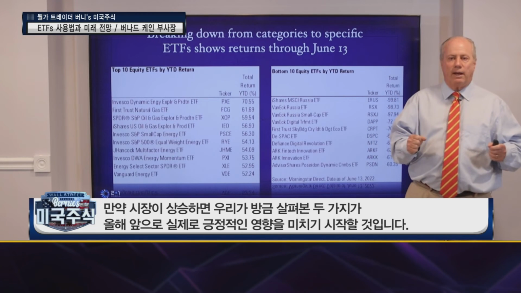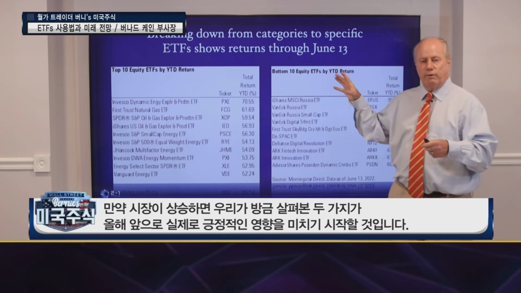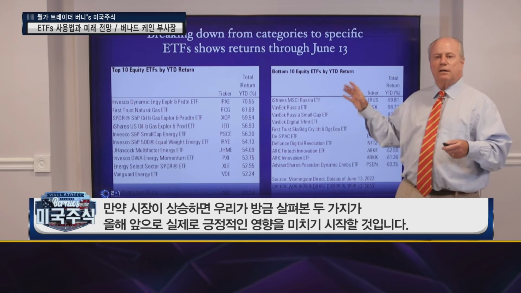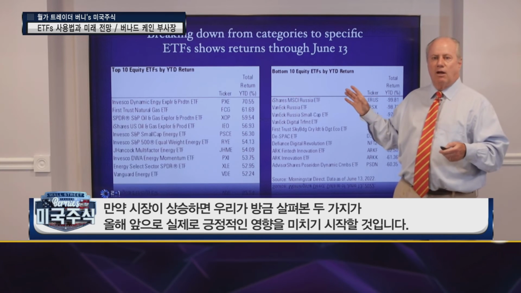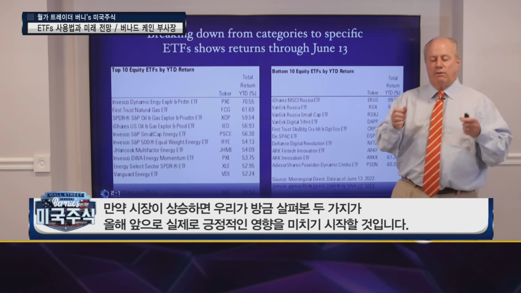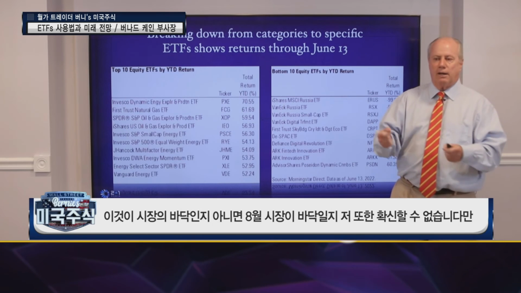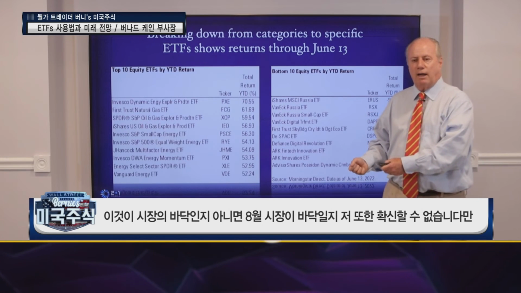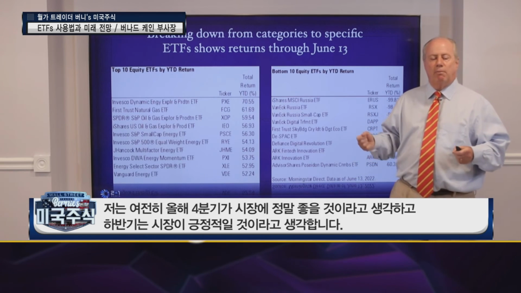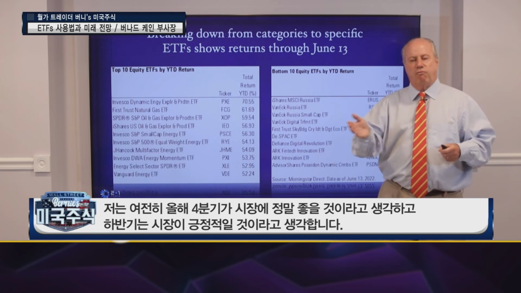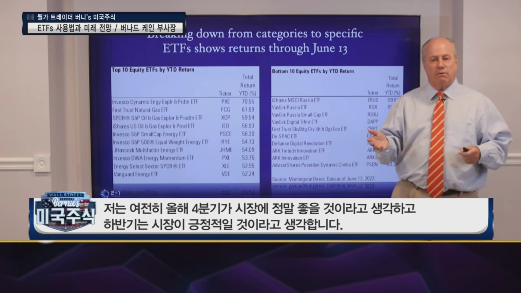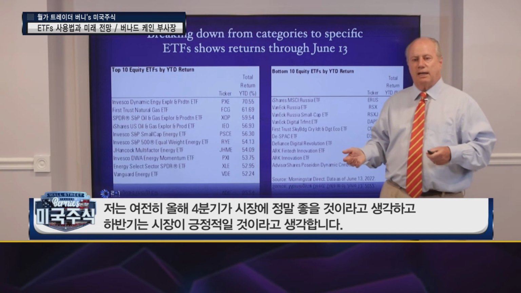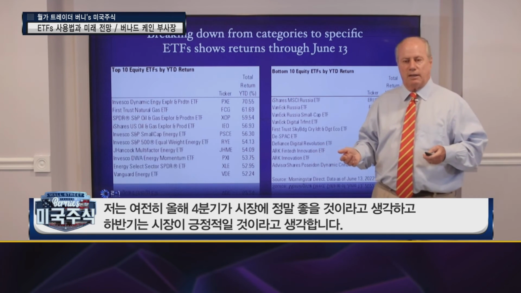If the market's going higher, those two things we've just looked at are going to start to have a real positive effect going forward this year. Whether this is the bottom of the market or we bottom in August, I don't know, but I still think that the fourth quarter of this year should be really good for the market, and the second half of the year should be positive for the market.